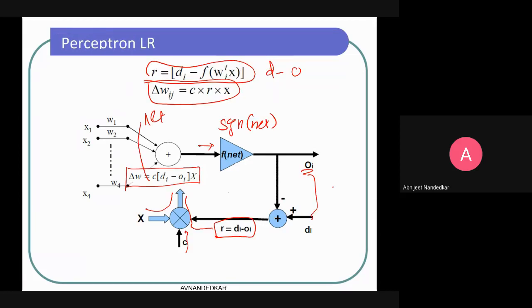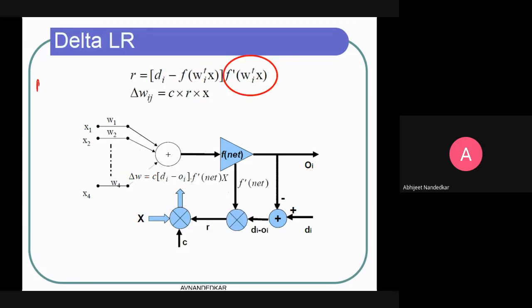This is the most popular and most useful rule. So the rule is d minus o, multiplied by f dash, where f dash stands for the derivative of the activation.